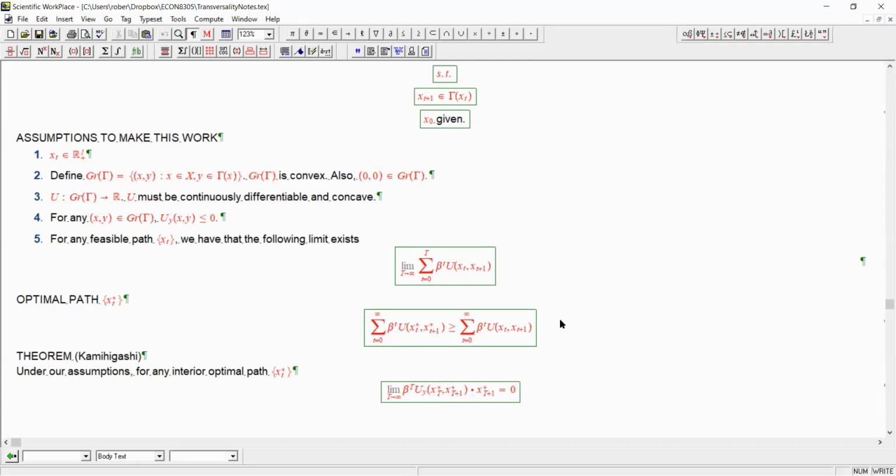That is a necessary condition for an optimum in this context.